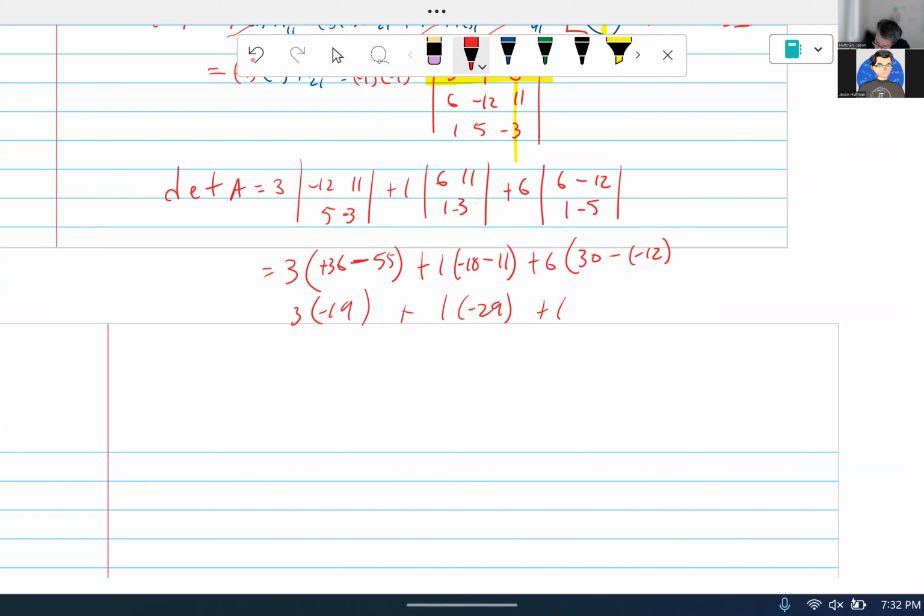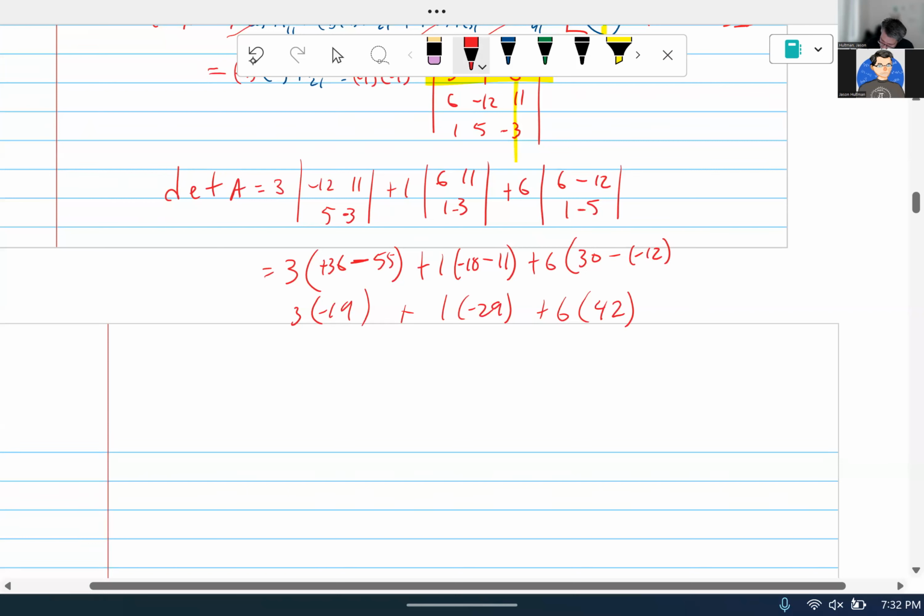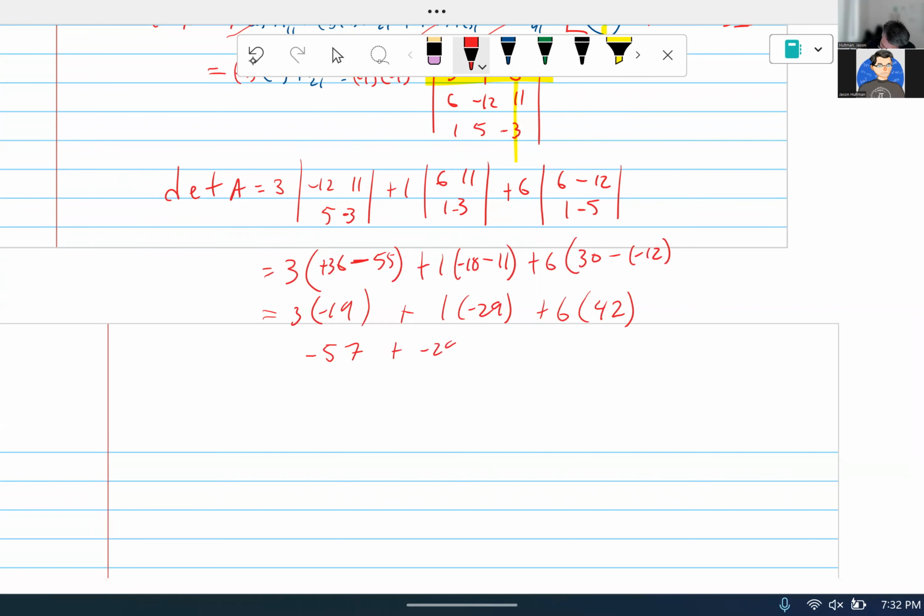So that's plus 6 times 30 minus negative 12 is 30 plus 12, which is 42. Then 3 times negative 19, that's negative 57. 1 times negative 29, that's negative 29. And 6 times 42, that's 252, I believe. And when I add all that together, I get 166.